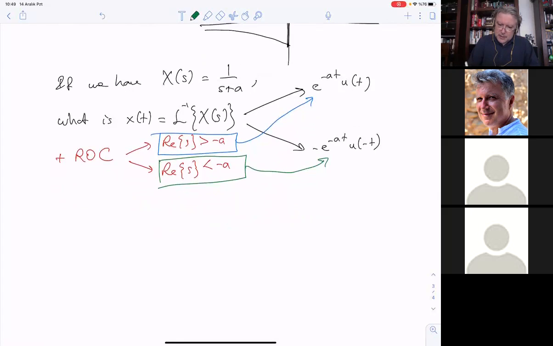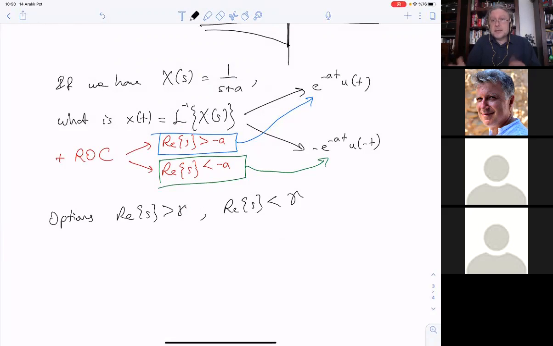Now, let us see how these options can look: real part of s greater than something, let's say gamma, or real part of s less than gamma, another number, or real part of s less than alpha but greater than beta.